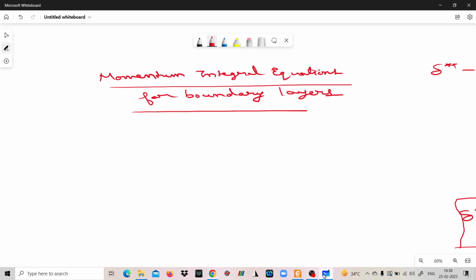Here also there is a detailed elaborate derivation involved, but I will directly write the equation for von Karman momentum integral equation when the pressure gradient is 0.